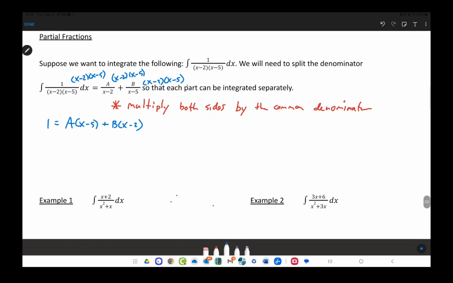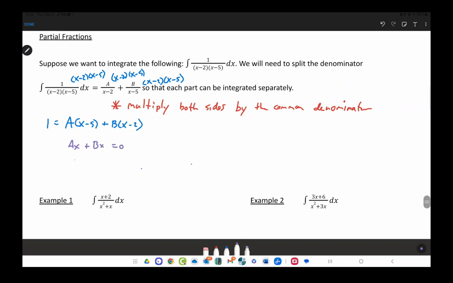Now, when you went over this, I'm assuming you went over it when you were talking about matrices. If you multiply this out, you have Ax plus Bx, and there is no x on my other side, so that should equal 0.